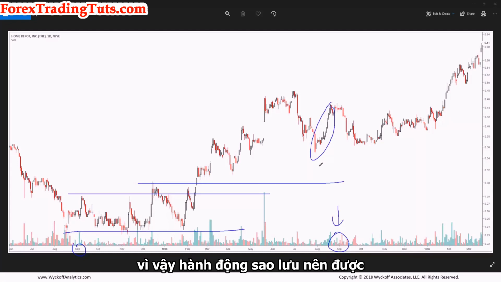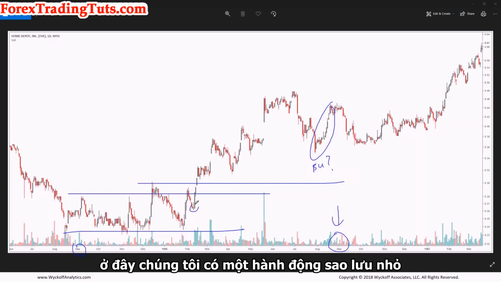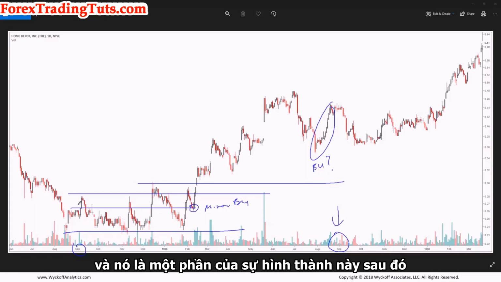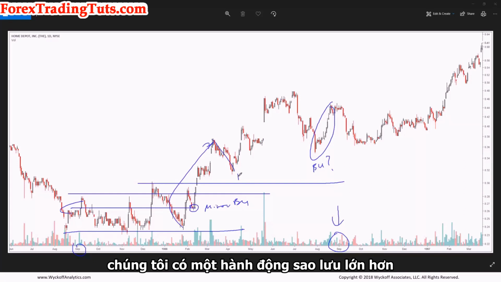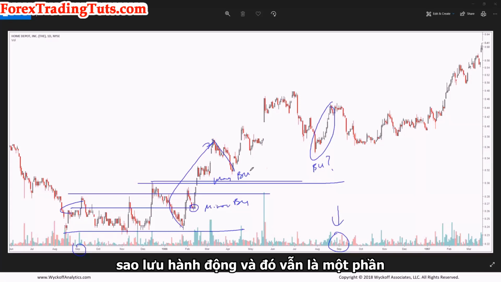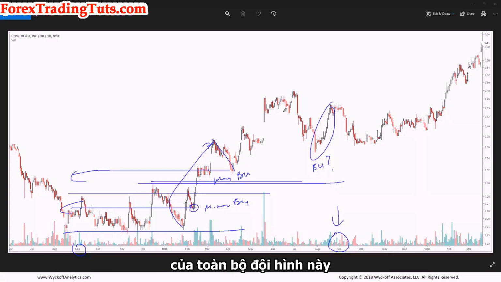So backing up action should be coming back to the formation, right? To the original formation. For instance, we could say that here we have a minor backing up action, and it's a part of this formation. Then we have a larger, major backing up action, and it's still a part of this whole formation.